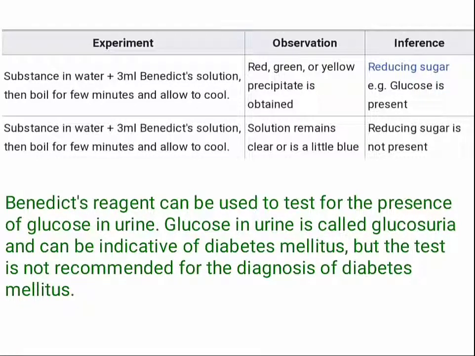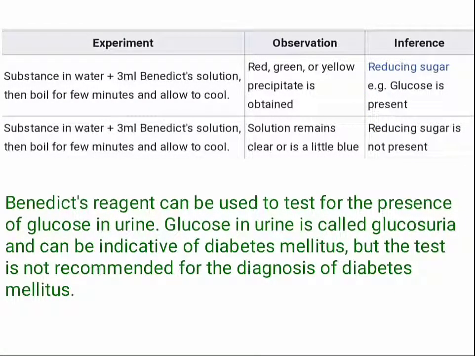Now this is an experiment to understand whether you have a reducing sugar. If you put the substance in water and then add 3 ml of Benedict solution, and then boil for a few minutes, if you observe that a red, green or yellow precipitate is appearing, then it is confirmed that a reducing sugar is present.